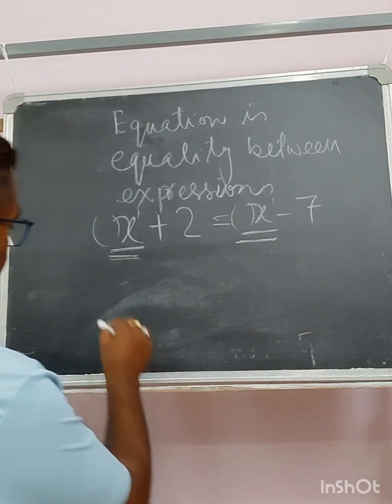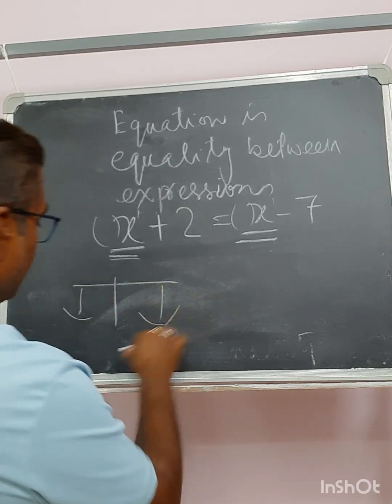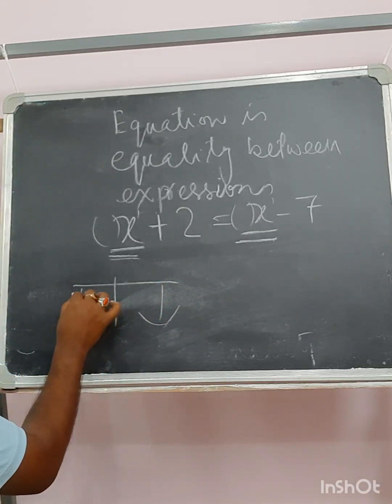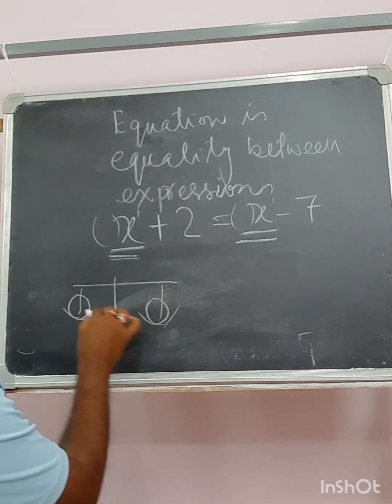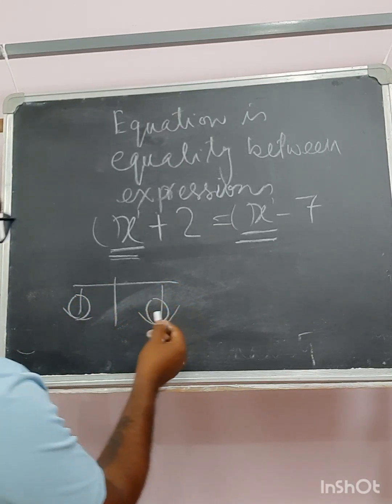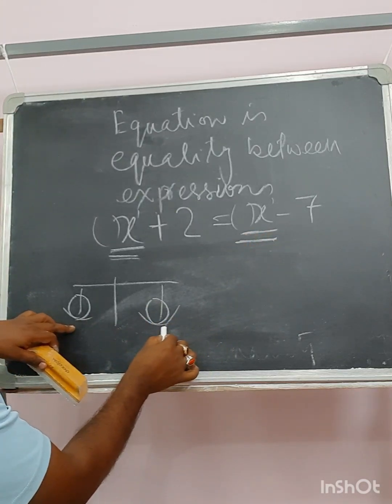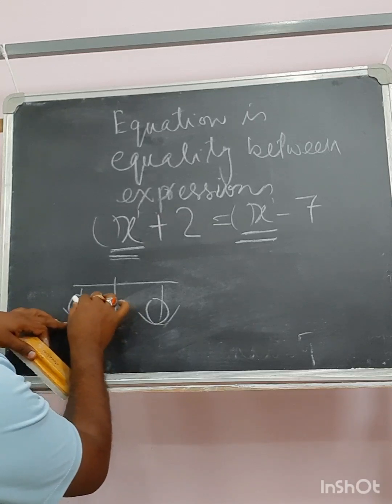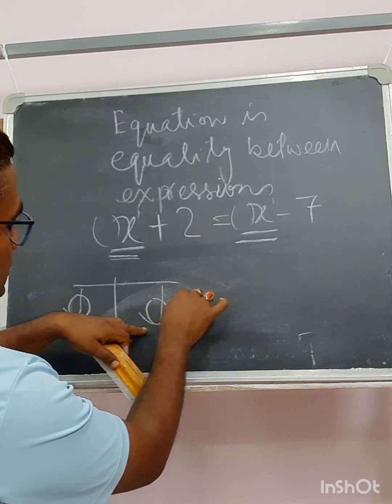That means if I take the balance and I know there is a variable equal to a variable, meaning this and this, because I cannot keep the variable on both the baskets. Okay, I have to keep the variable here and I have to put something which is known here.